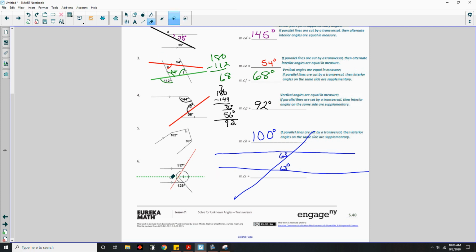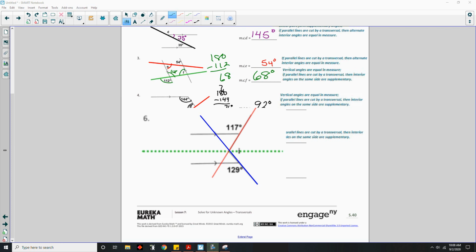Let's look at this again. The diagram's kind of small. Let me enlarge it. Okay, I made this larger so we can see it better. These are linear pairs, so 180 minus 129, 10 minus 9, 1, 7 minus 2, 5. This is 51 degrees.